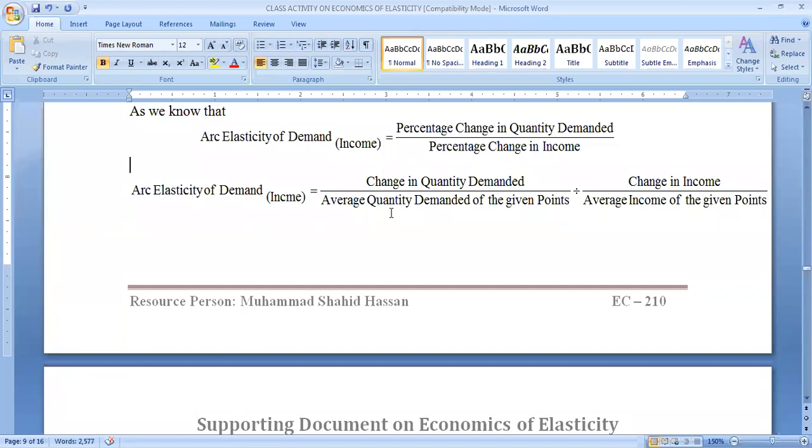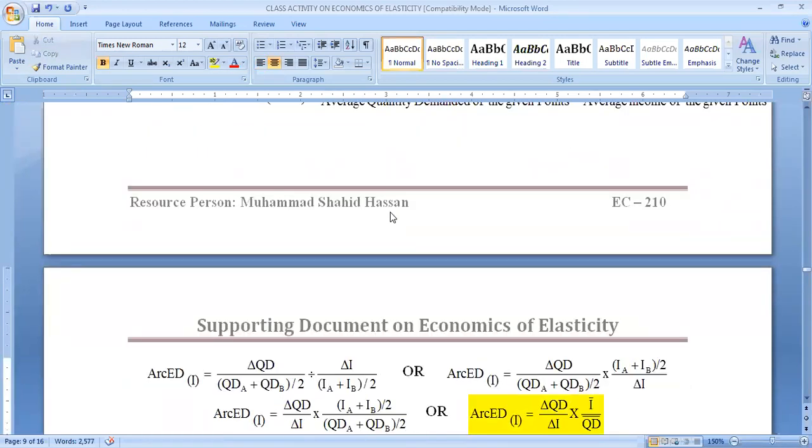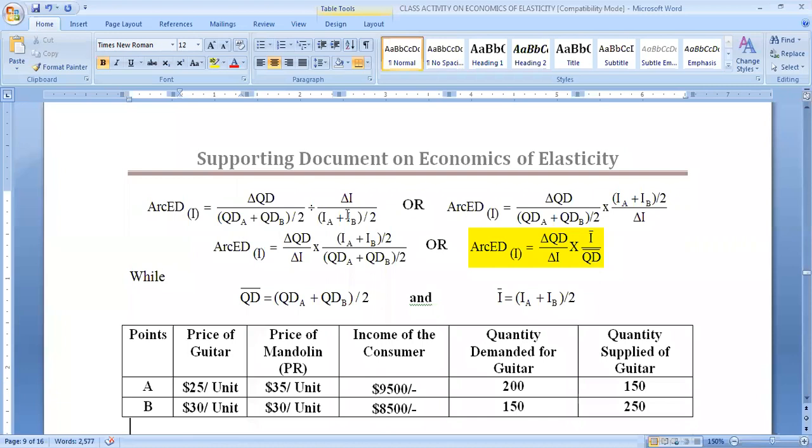Change in quantity demanded can further be written as delta QD, and average quantity demanded can be written as QD at point A plus QD at point B, the sum divided by 2. Then the sign of division appears. Change in income can be written as delta I divided by average income of the given points, which is IA plus IB, the sum divided by 2.